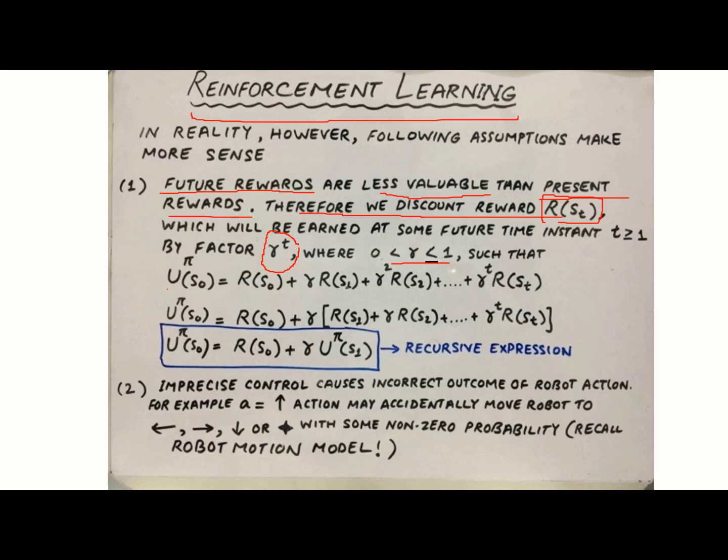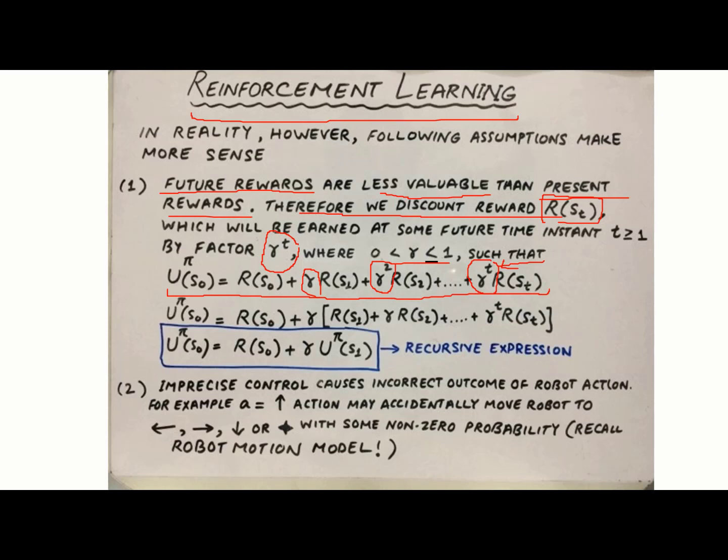So our expected accumulated reward is now going to change as follows. It is still a sum of rewards, but the future rewards have been discounted by gamma squared, and for the t-th state reward, the discount factor is gamma to the power t.